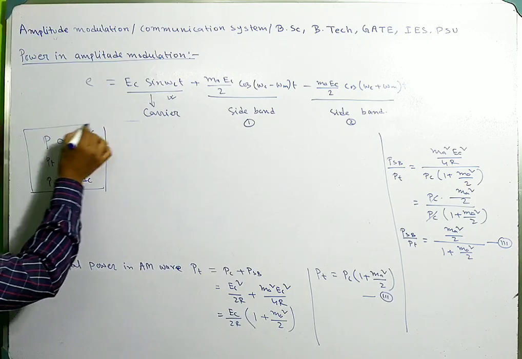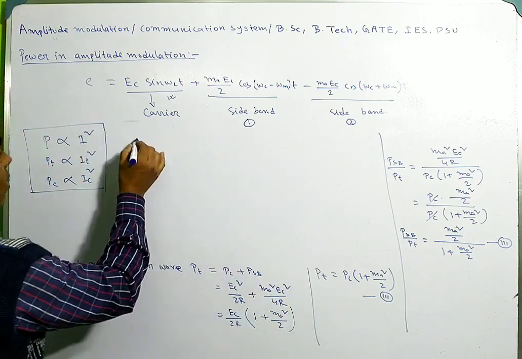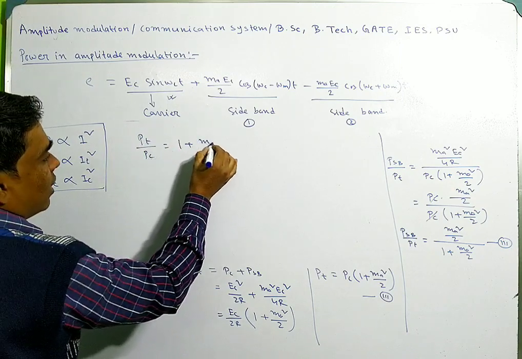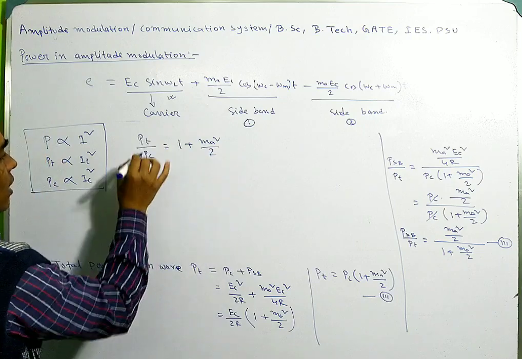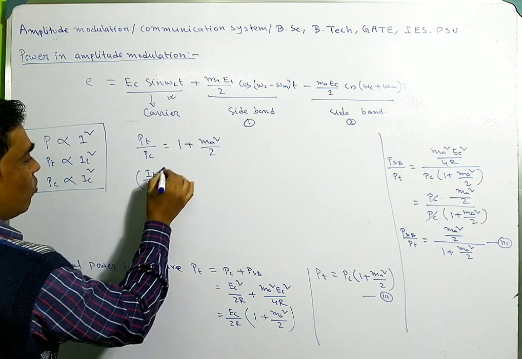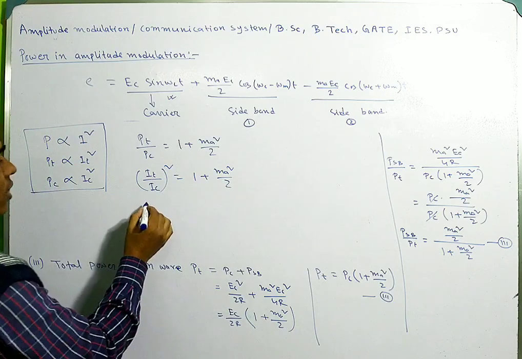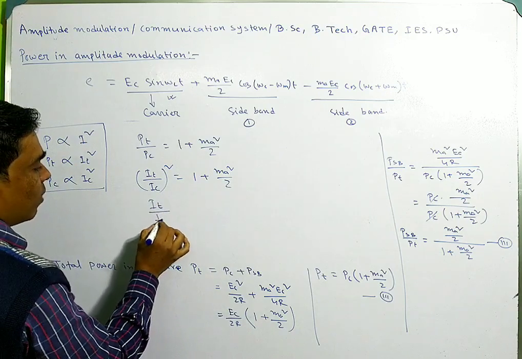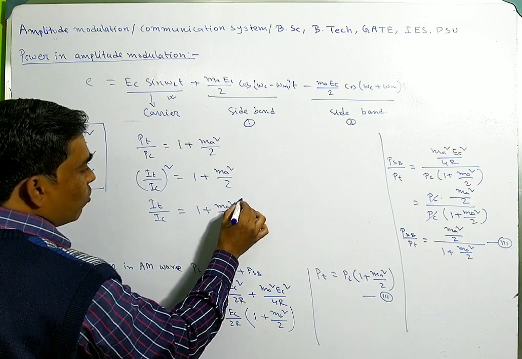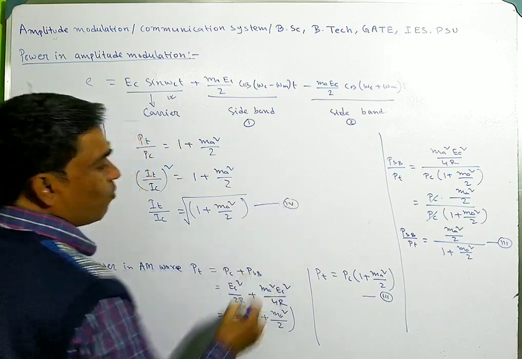Using this concept, PT divided by Pc, which is 1 plus m squared by 2, can be written as (IT divided by Ic) squared equals 1 plus m squared by 2. So IT by Ic is the square root of 1 plus m squared by 2. This is equation number 5.